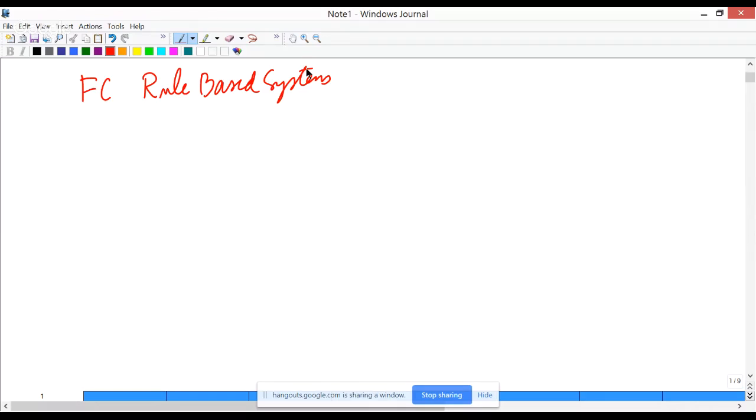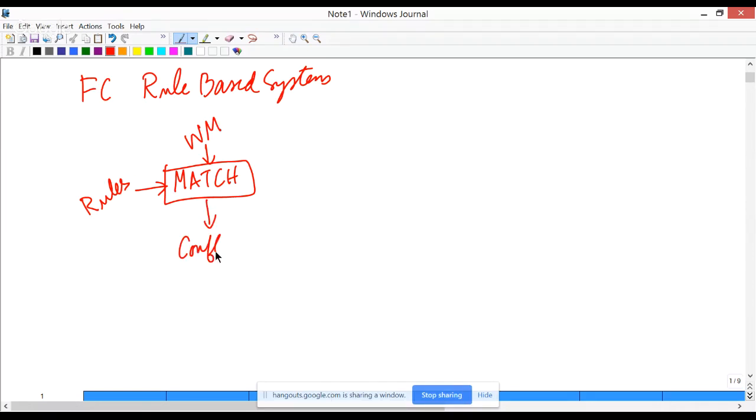The high level algorithm was match, and what match did was it took as input a set of rules, and it took a working memory, and it produced what is called a conflict set. And then this conflict set was input to a module called resolve, which selected one matching rule along with its data.